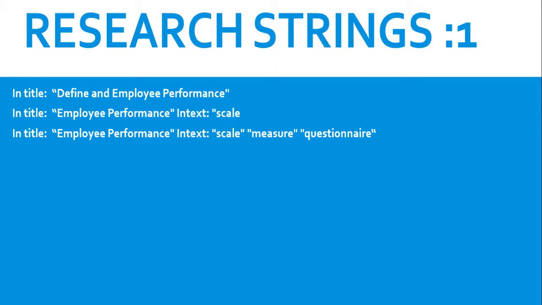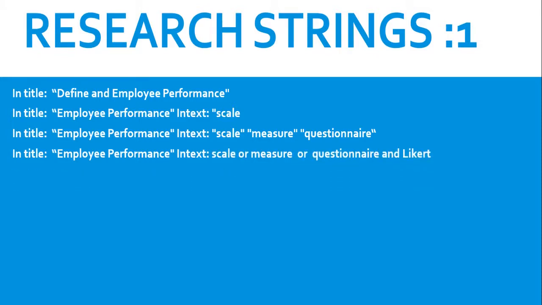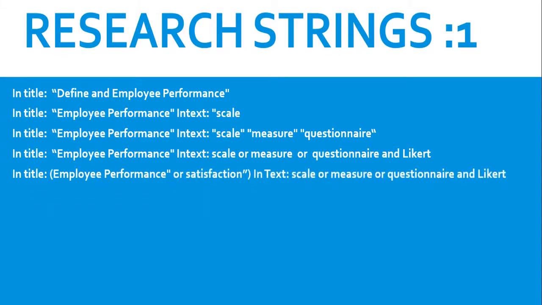When you are searching for a questionnaire, copy this and paste it into the Google Scholar website, and you will find a questionnaire. Next, the fourth one is employee performance in text, scale, or measure, or questionnaire, and Likert, say Likert scale as well. And the last one is employee performance satisfaction. If you have more than one variable you want to search, you can do that. Then there is in text, scale, or measure, or questionnaire, and Likert scale.